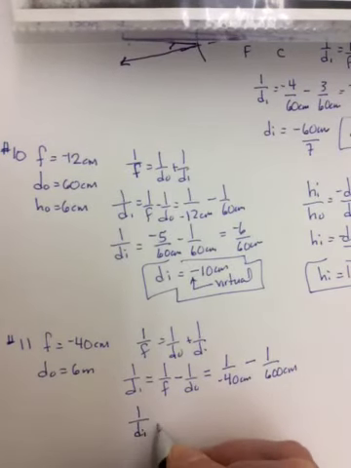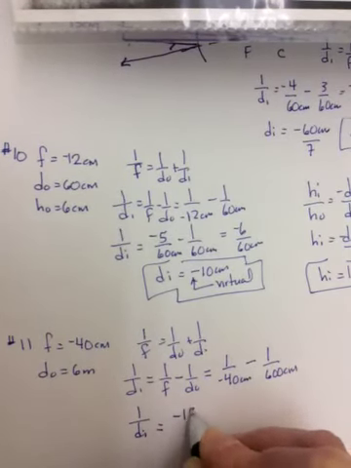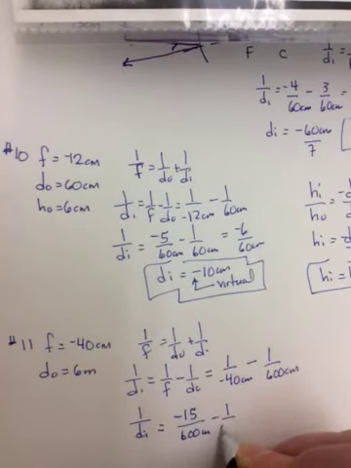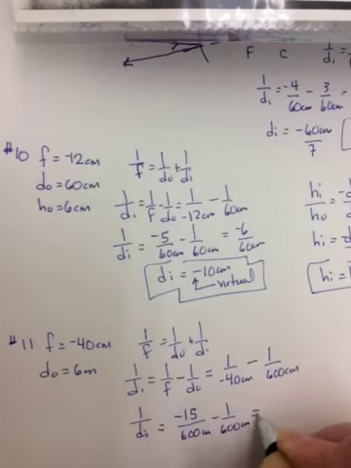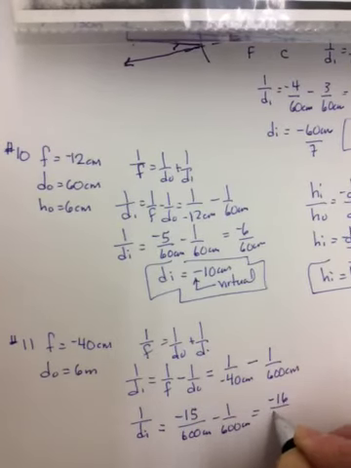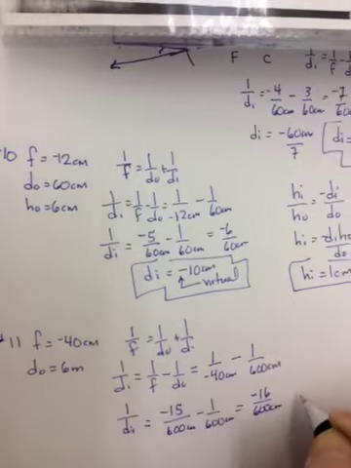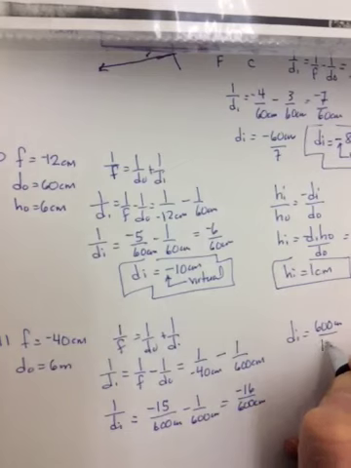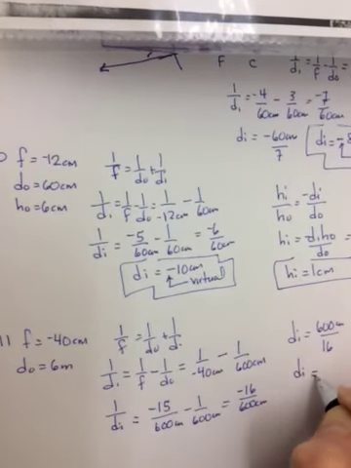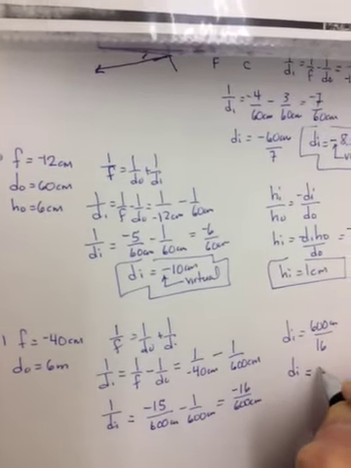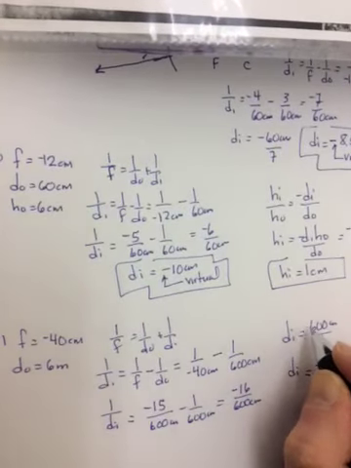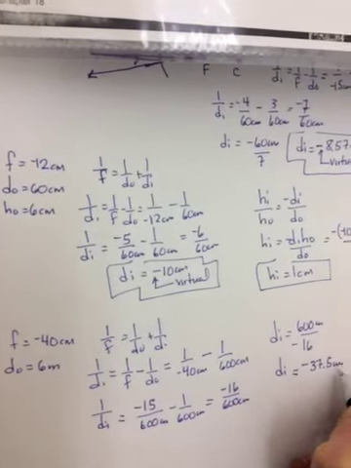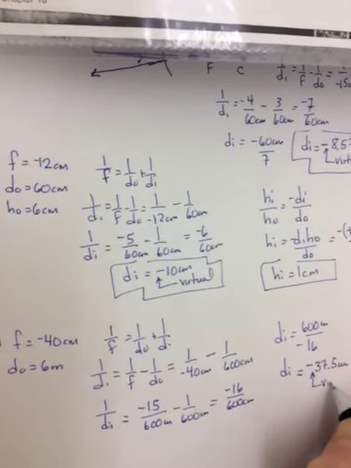So 1 over DI is equal to negative 15 over 600 minus 1 over 600, so negative 16 over 600, which means DI is equal to negative 600 centimeters over 16. Of course, you don't leave it that way. You end up dividing and getting negative 37.5 centimeters, where the negative means virtual.